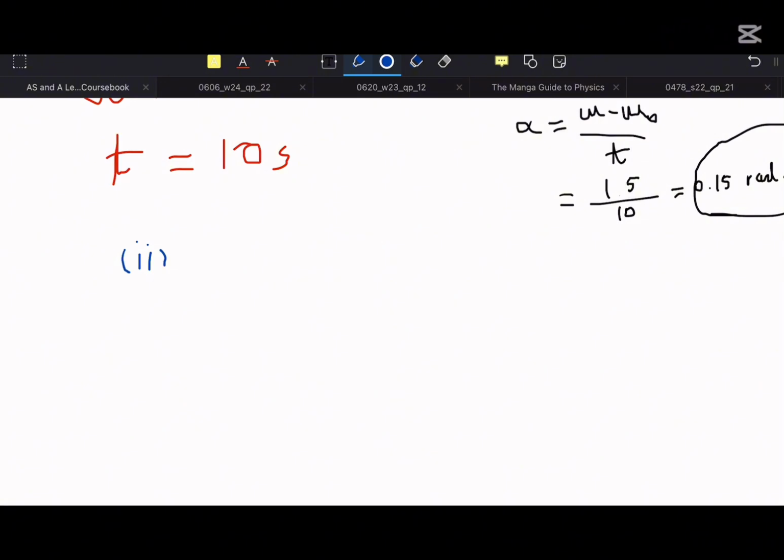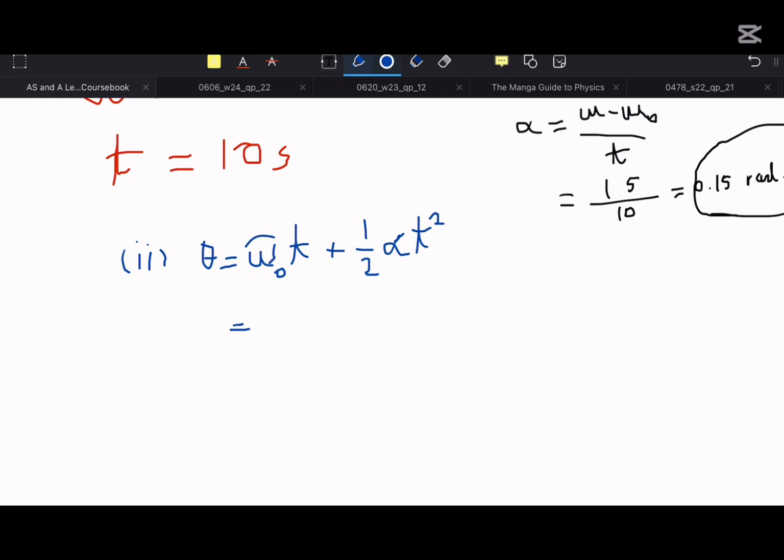The equation I'm familiar with is theta equals initial angular velocity multiplied by time, plus 1/2 alpha t squared. I think this is the equation here. So we just use this equation to find theta, which is the displacement.